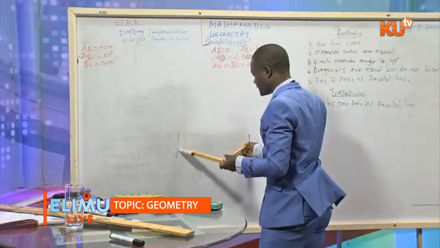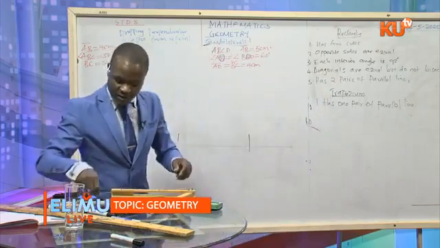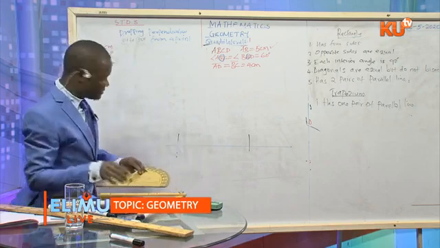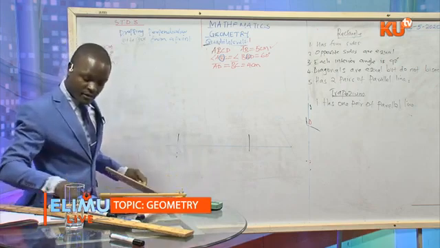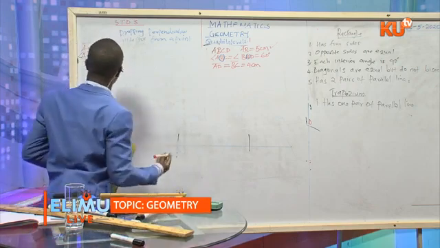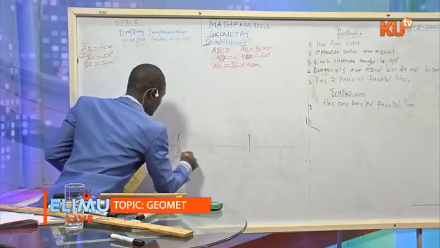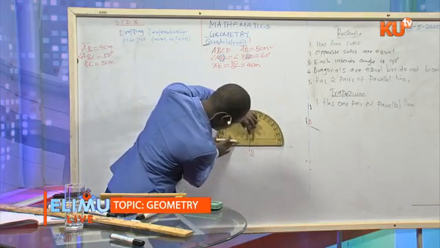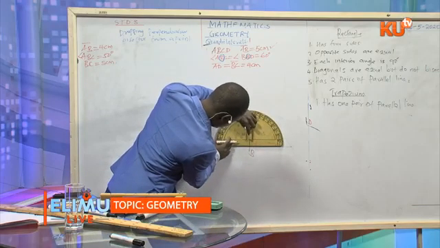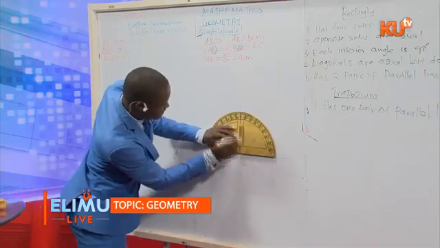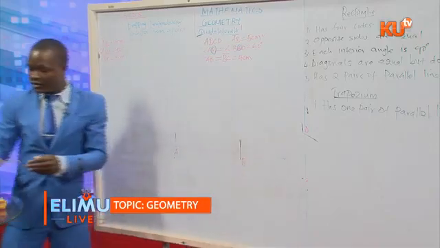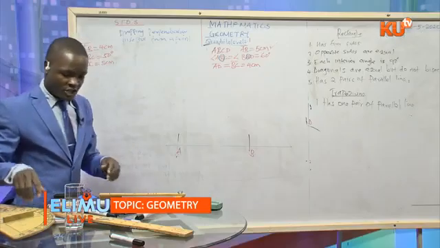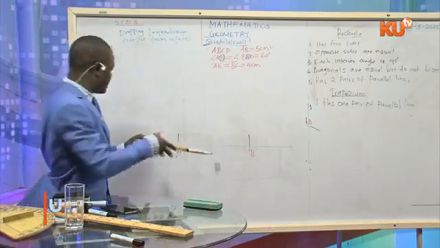Okay. Then the angle is 50 degrees. That is angle ABC. So this is 50. You put your compass there, measure 50, and put the dot. And then you measure 5 centimeters.